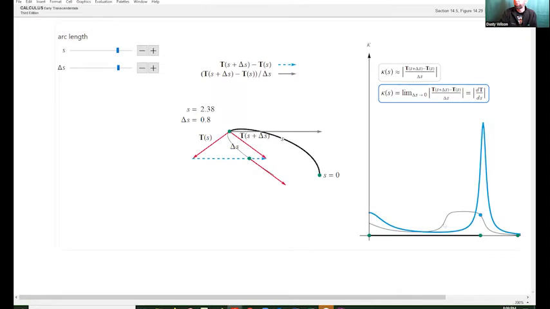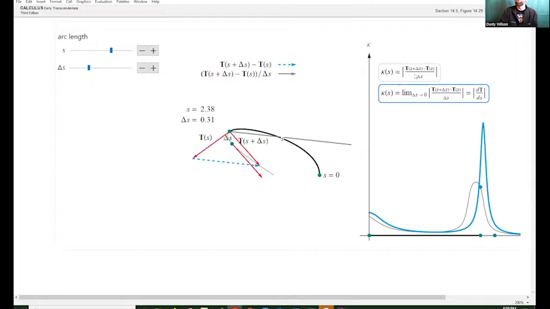It should be relatively obvious that if your delta s gets smaller, the approximation for the change in T gets better and better, closer to the derivative we're actually talking about. But again, the point is that you get greater curvature when you have a sharper bend, and less curvature when the curve is flat.